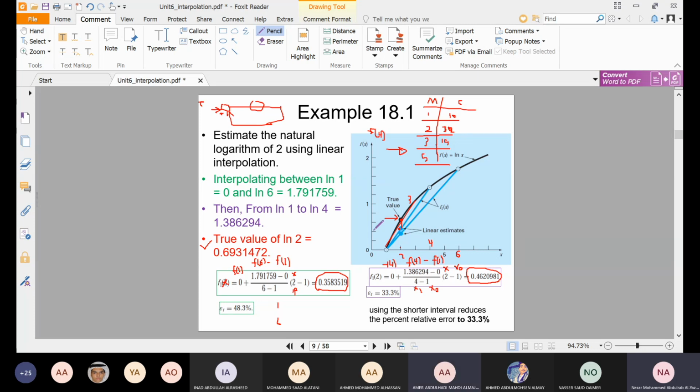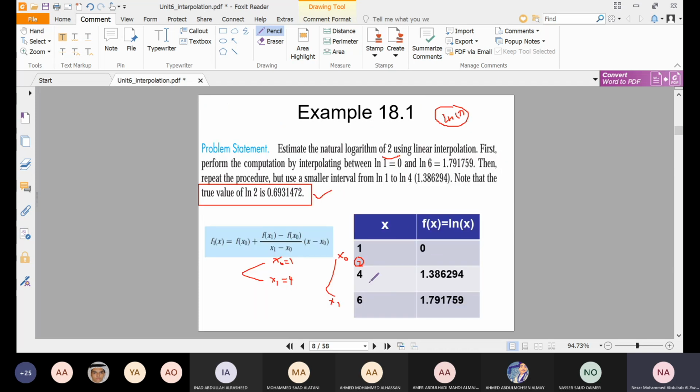And usually if we ask you in the exam to use linear interpolation to estimate the point, for example, 2, you should select the minimum interval that contains this point. But in the example, he used the long interval. What's the reason? Here, just to show you a comparison when someone uses the shorter or the long interval.